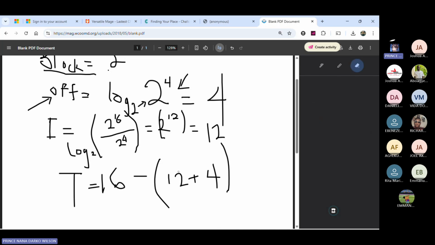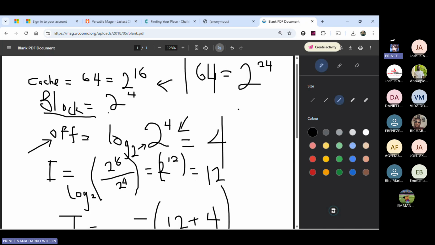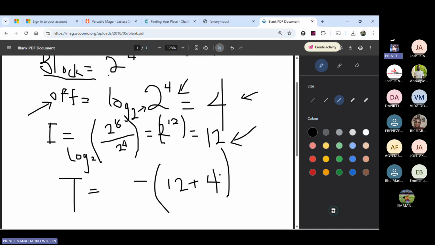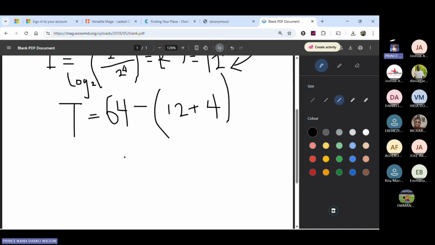So it means the total amount of space that we are having to break into smaller parts is actually 64. So we've taken 4 parts out of that and we are using it for our offsets. We have taken 12 parts and we are using it for our index. So for the tag, it's just going to be whatever is left. So 64 minus 12 plus 4, and that gives us 64 minus 16.